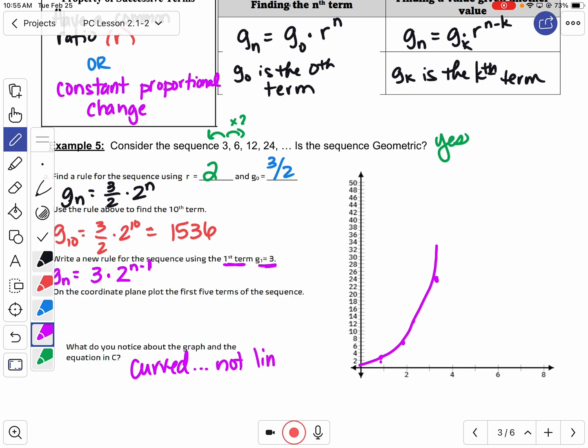In fact, it represents our exponential growth. You told me earlier that we have exponential growth when our base is greater than 1. Our base is 2. Our ratio is 2. It's greater than 1, so it's growth. You told me that when we started. So let's look at a couple more things.